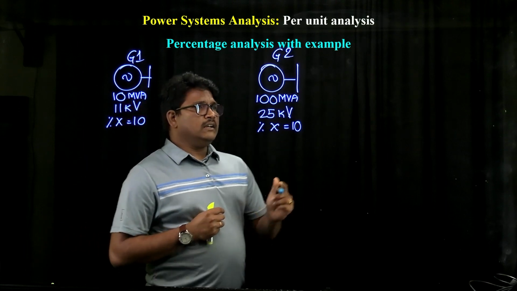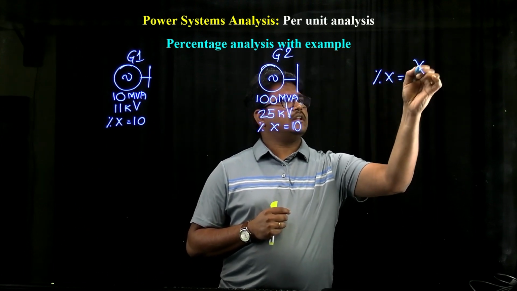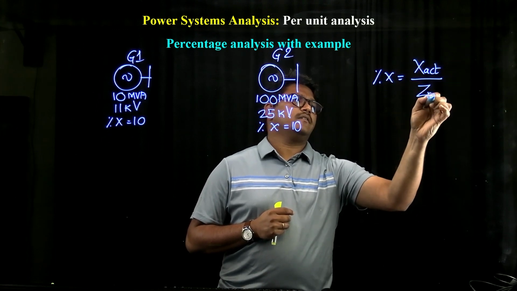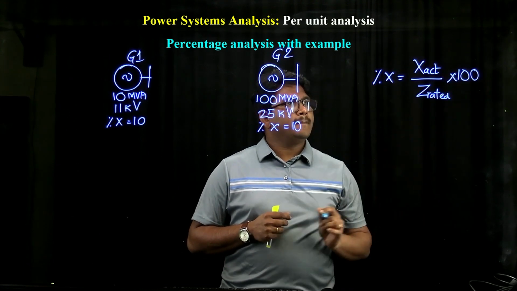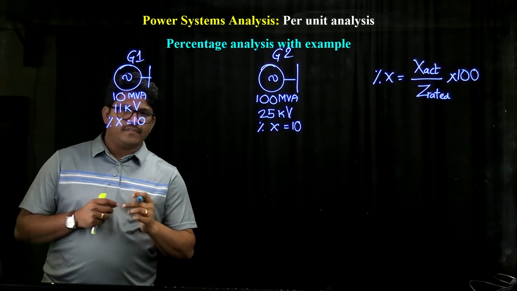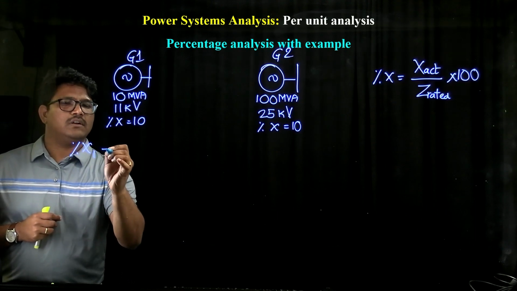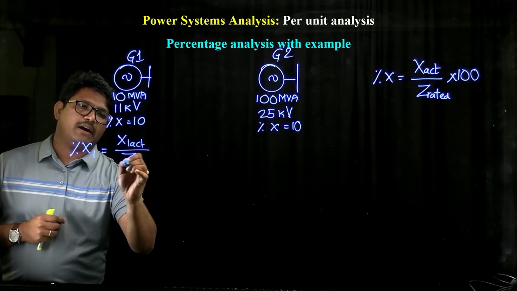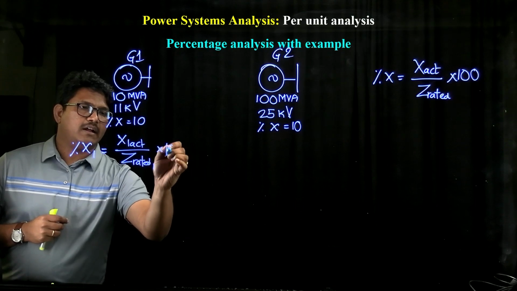We know that the percentage value of reactance is the actual value of reactance upon Z rated multiplied by 100. Now, if that is the case, the percentage reactance for the first machine is the actual reactance of the first machine divided by rated reactance of the first machine multiplied by 100.